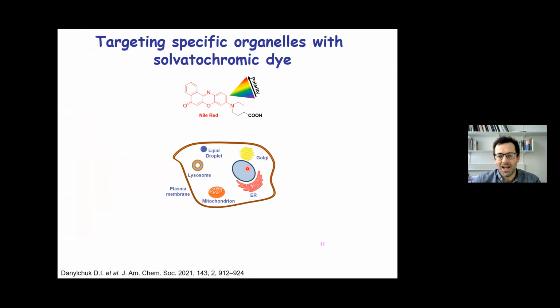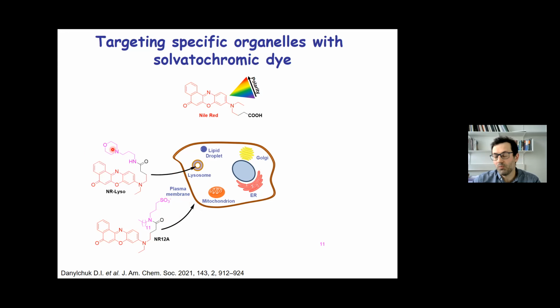Okay, to target that, first we selected Nile Red. It's our preferred dye, and now we considered we could label different organelles specifically, and for that we just add a specific targeting group, like we did for the plasma membrane with our amphiphilic anchor.